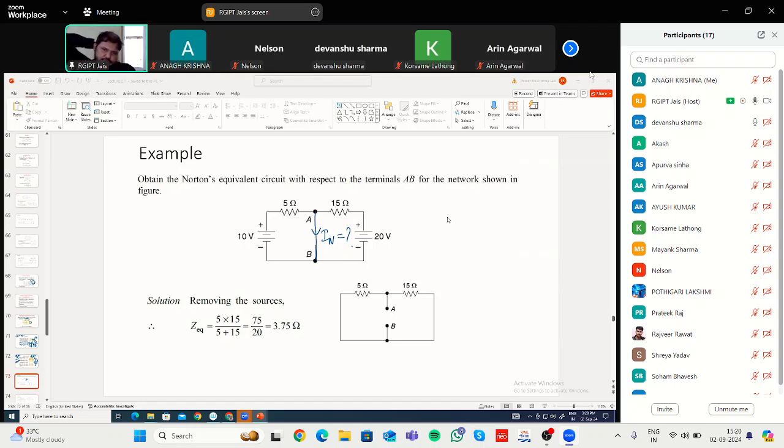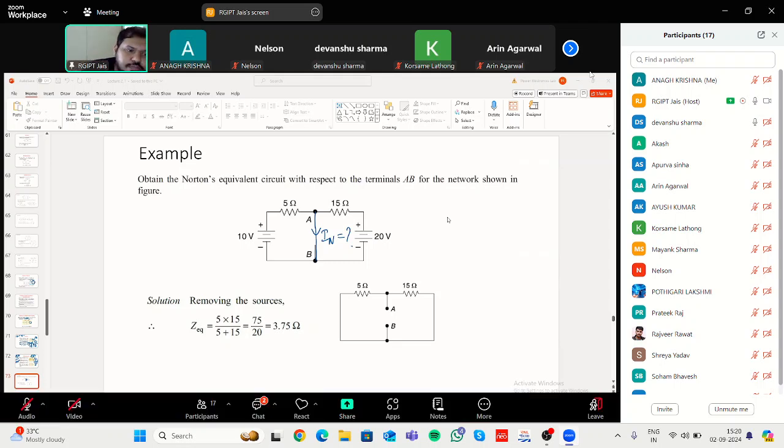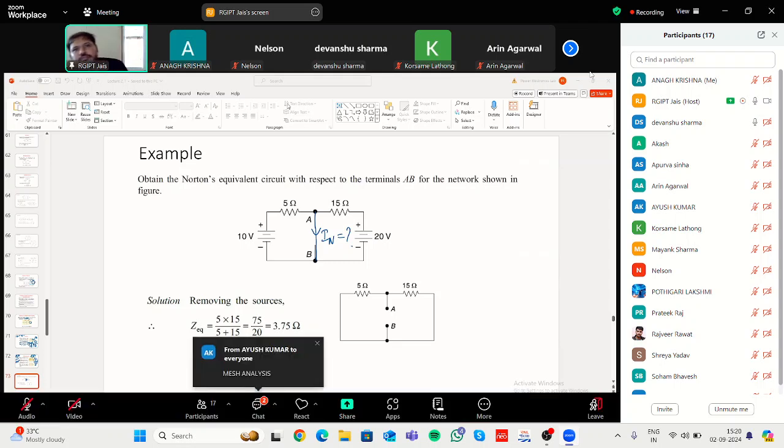Try to find out. We will see other methods also, for when there are multiple sources, how to solve, in the next theorem. But from whatever you know, can you solve this? Others, what answer are you getting? Yeah, you can do anything. Mesh analysis, nodal analysis, anything.